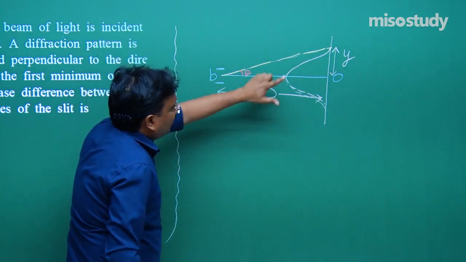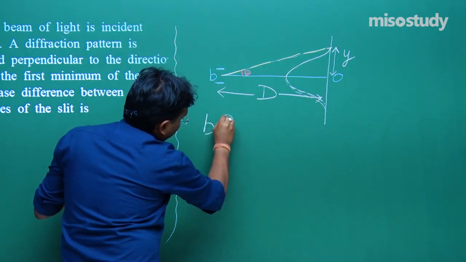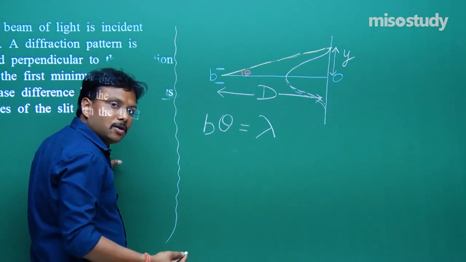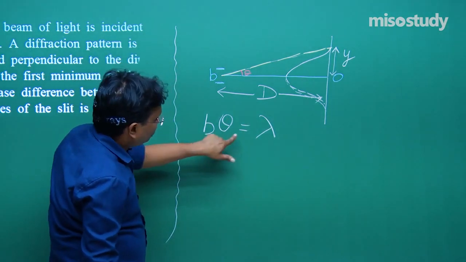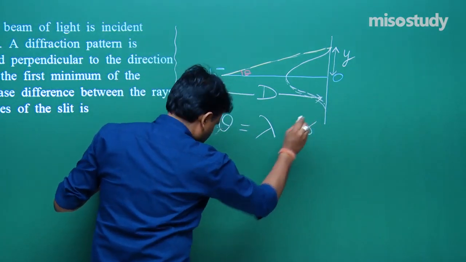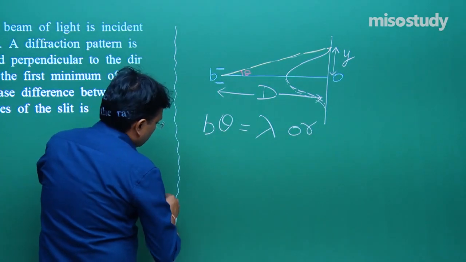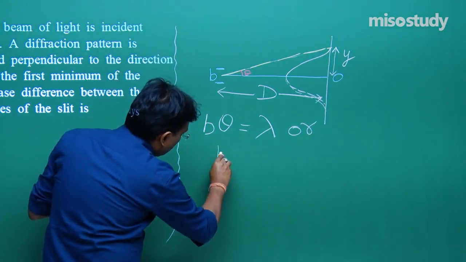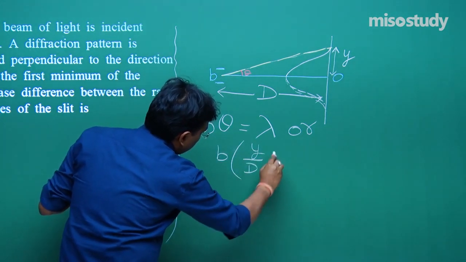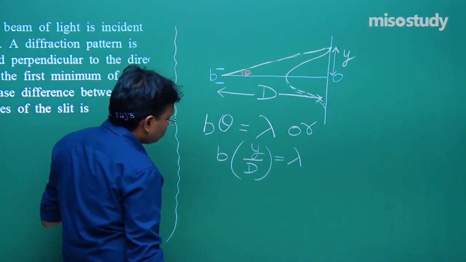Now for this entire explanation, what can I write down? B theta is equal to lambda, a well known relation. B theta is equal to lambda, or B y by d is equal to lambda, fine.